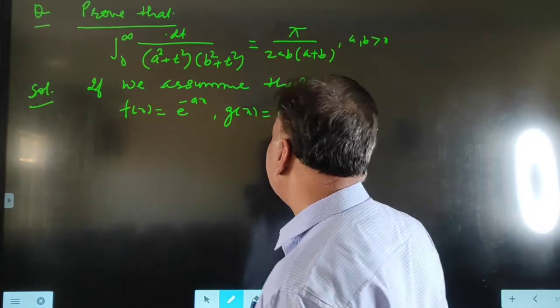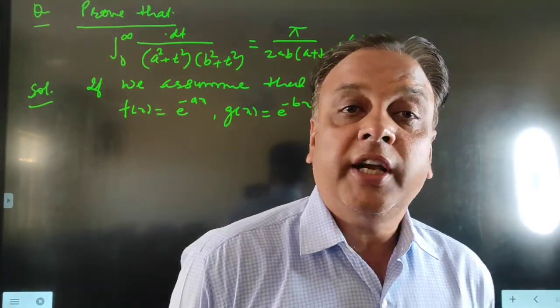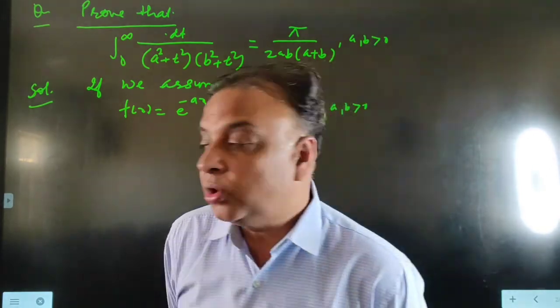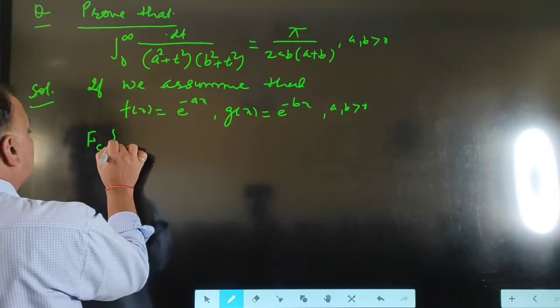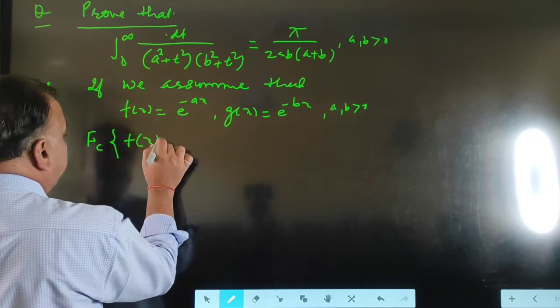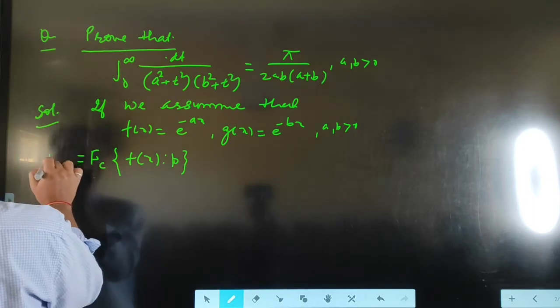If we take these functions f(x) and g(x), then we can find the Fourier transformations of these functions. So first find the Fourier cosine transformation of the function f(x). Let this be equal to Fc.